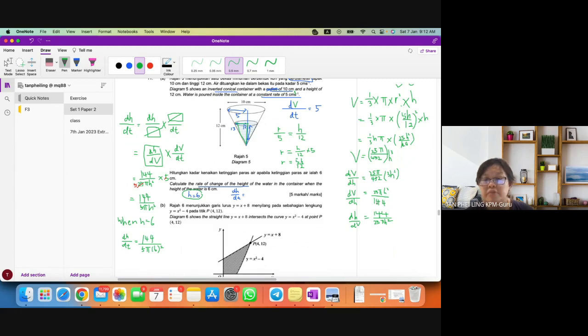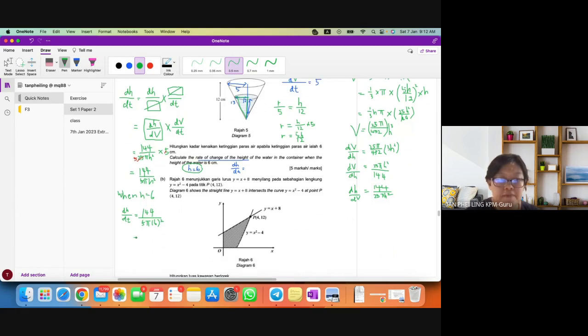Whatever that is at the bottom, so that later when you terbalik, you can terbalik them correctly. So this is 144. So I have 36 times 5, 180. So 144 divide by 180, I get 4 over 5 pi. My 5 pi is down here. Alright, so that gives me my answer, 4 over 5 pi cm per second.